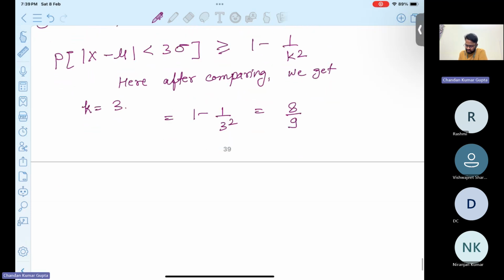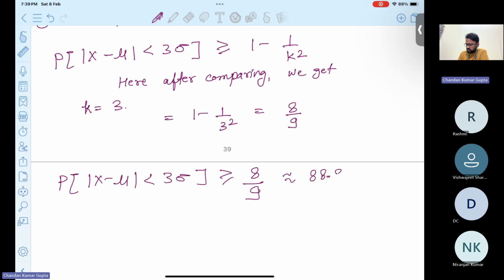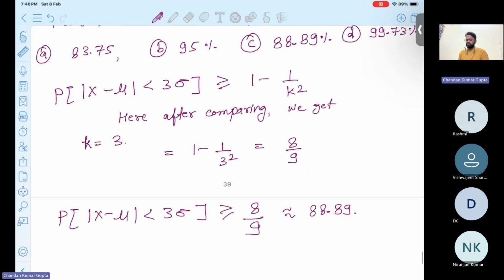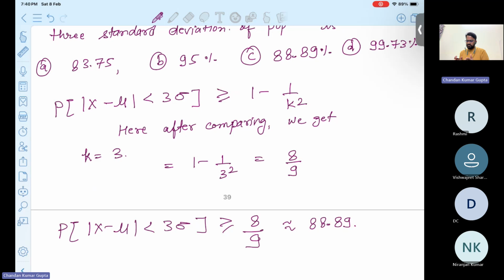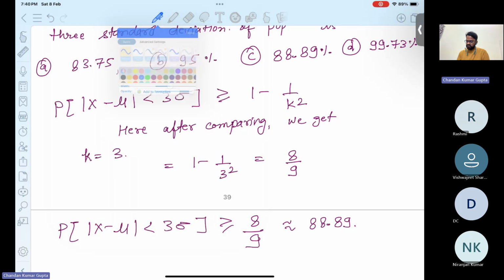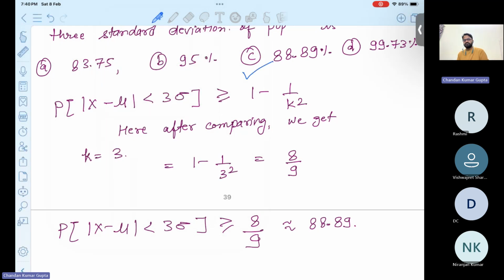So that means the probability that |x minus mu| is less than 3 sigma is greater than or equal to 8 by 9, or after solving, about 88.89%. So 88.89% of the data lie within this 3 sigma limit. Okay, so option C is the right one.